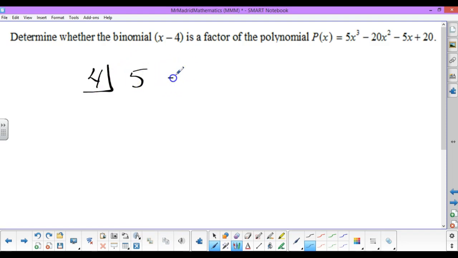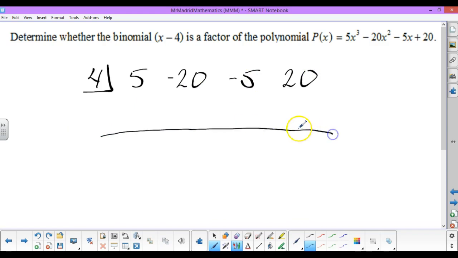5, negative 20, negative 5, and 20. Again, through synthetic division, we're going to see if this divides perfectly. If it does, there should be no remainder, or a remainder of 0.